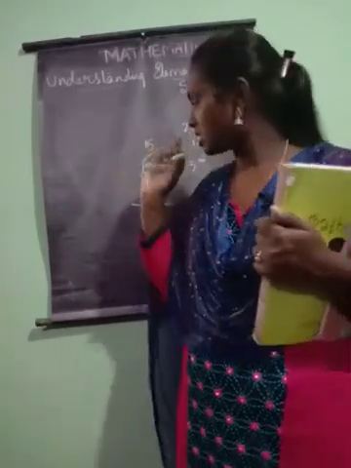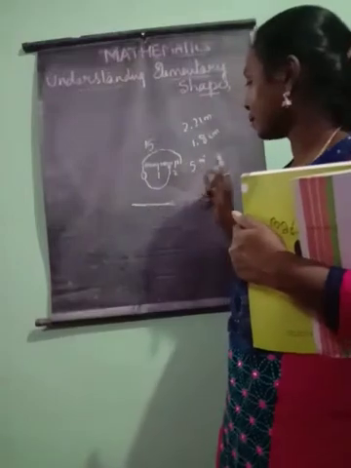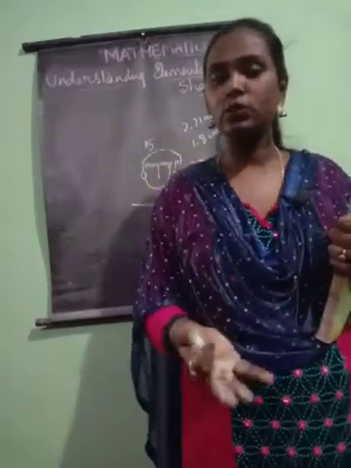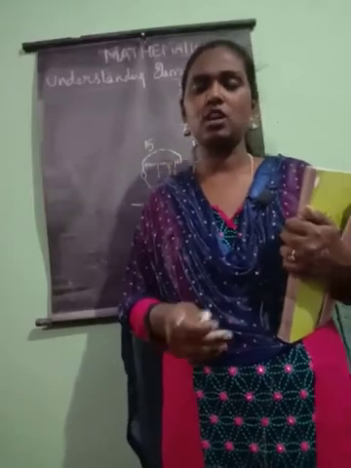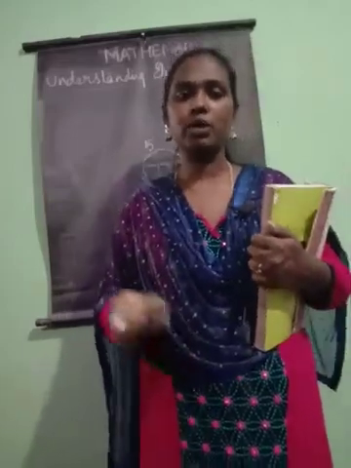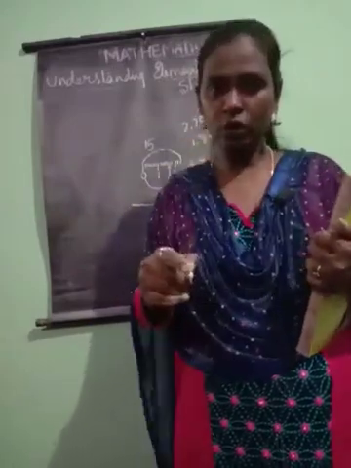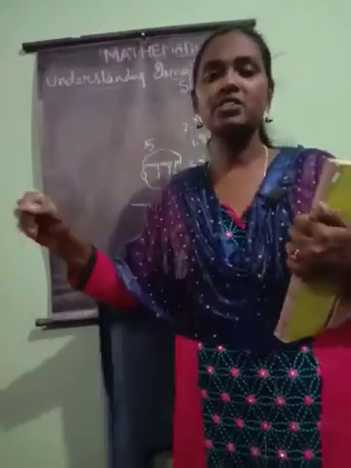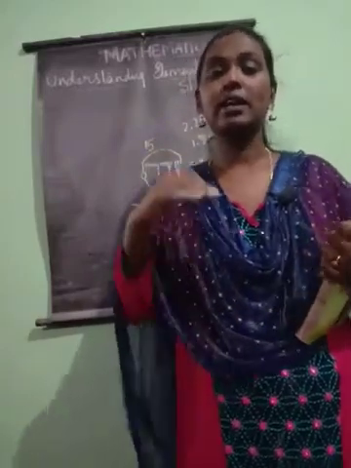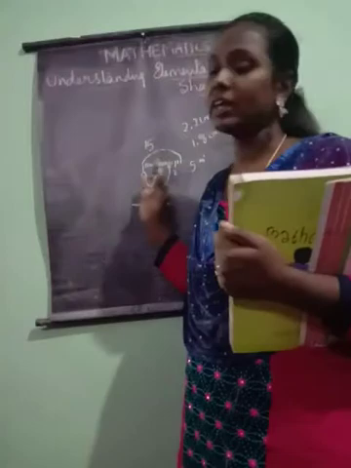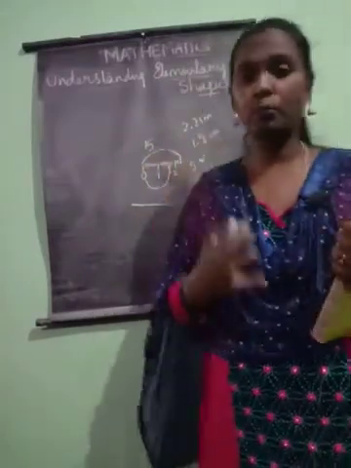You must start from 0 and finish at 5.5 or 6.2 or 7.3, whichever centimeter I have asked. You can try in your rough book: draw a line, then take your ruler, measure and mention how many centimeters you have taken, so that it guides you to take perfect centimeters. Each and every point is very important, students.